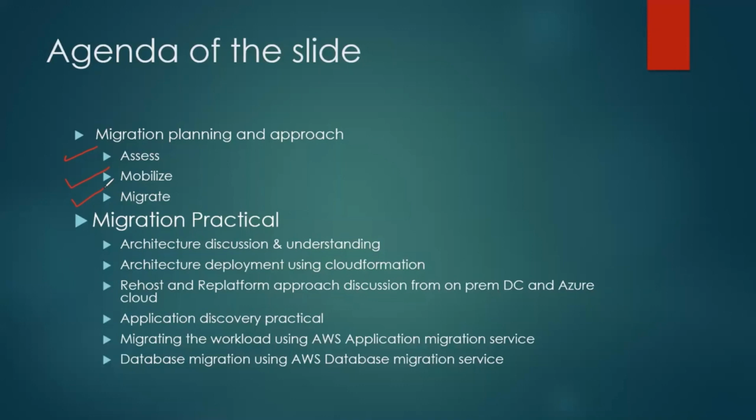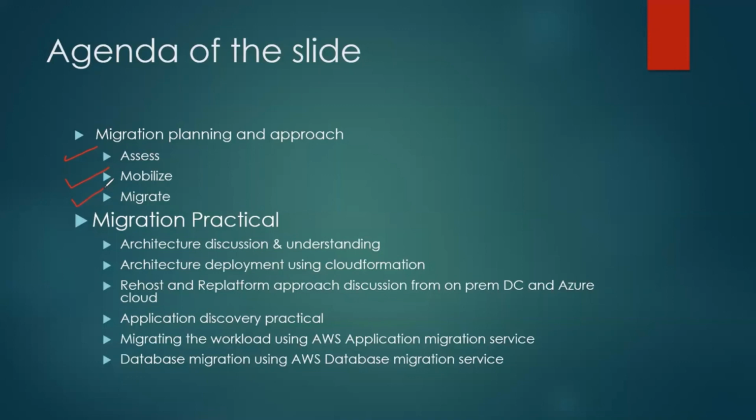Then there is an AWS CloudFormation script already present, so we will deploy the architecture in the environment using that CloudFormation template that is created by AWS for learning purposes.